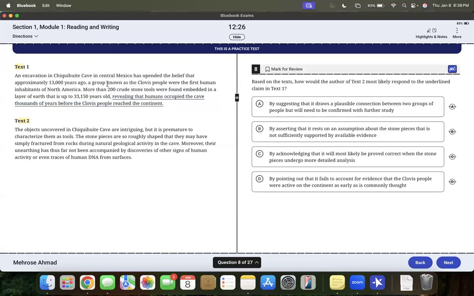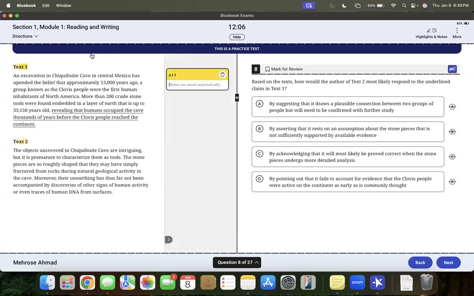So that means this belief that the Clovis people were the first people in North America had to be disrupted or uprooted, and therefore upended means something similar. Like this belief is now shattered. So that's text one. My quick one-second sticky note will be: Clovis, not first people. That's what text one is saying.